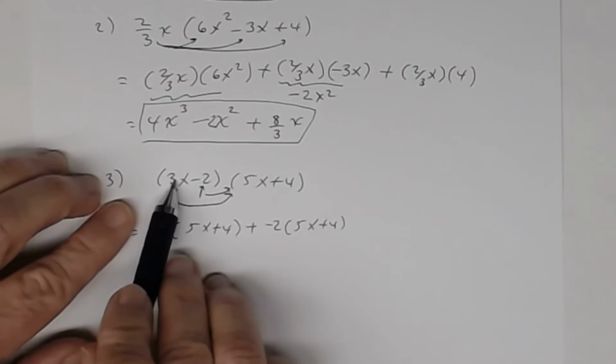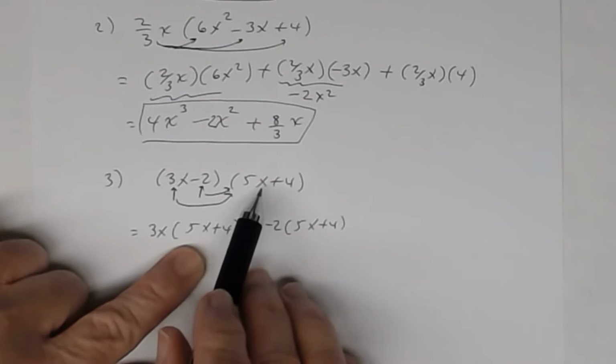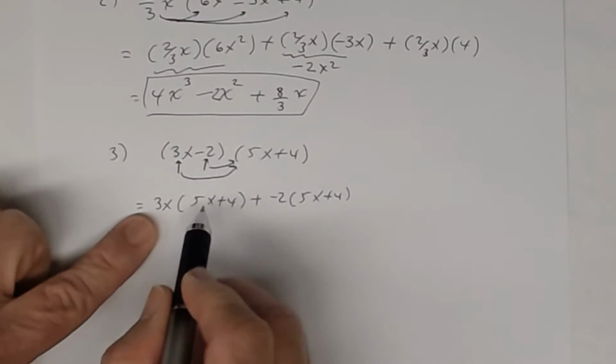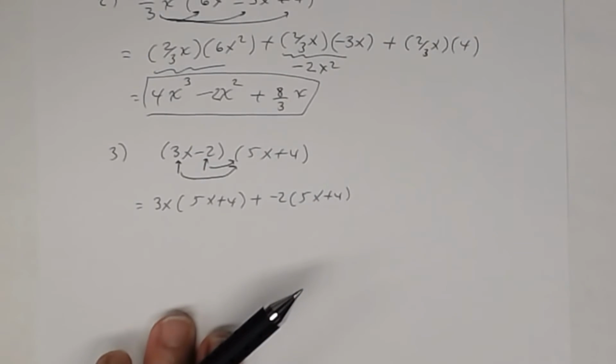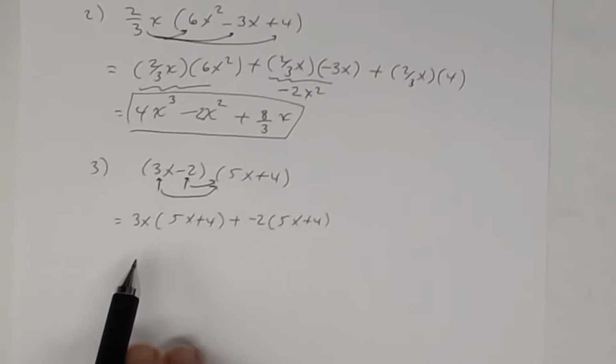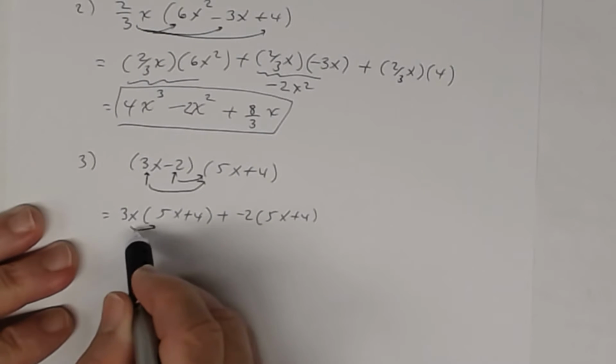Now this looks like the previous 2. So now I'm going to have a monomial times a polynomial, so we're going to use the distributive property.